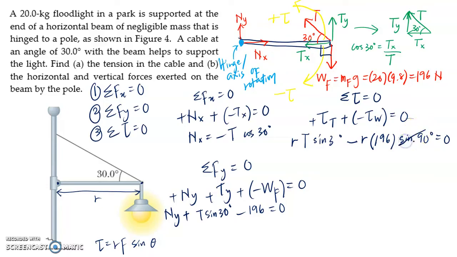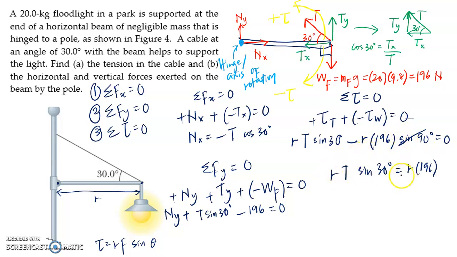So we can eliminate this, and I'm going to rearrange the formula, so it will be reduced to just r multiplied with T sine 30 degrees. It is equal to, in this case, r multiplied with 196. Remember, sine 90 degrees is equal to 1, so we can just neglect it by not writing the value into the formula.